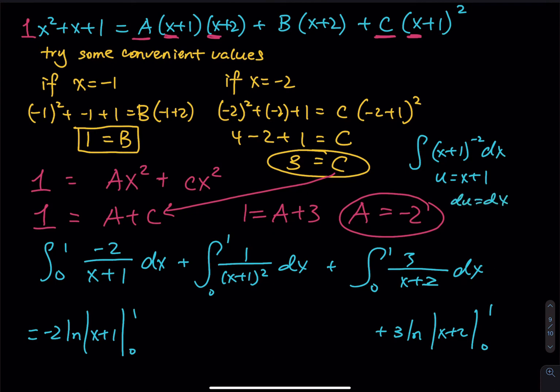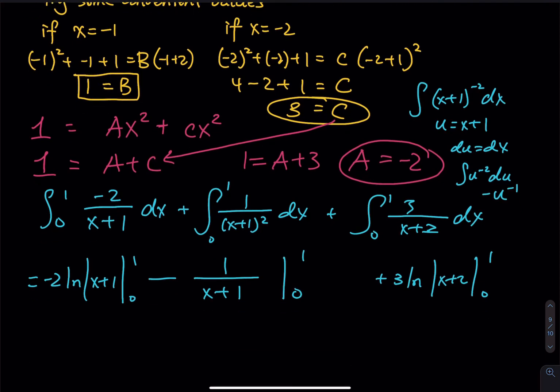So this is like integrating u to the negative 2 du, so that is negative u to the negative 1. All right, so that means we have minus 1 divided by u, right? So u is x plus 1 and then raised to the negative 1. So that's why you put that in the denominator. X goes from 0 to 1.